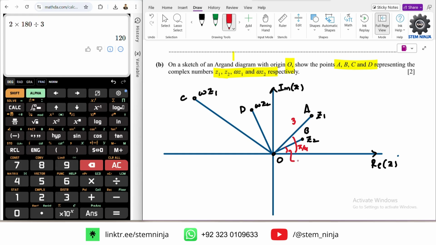This one is pi by 6 and 1.5. And we can do the 2 pi by 3 over here also. Angle, this is 3, this is 6. And the angle for this is 3 pi by 4.